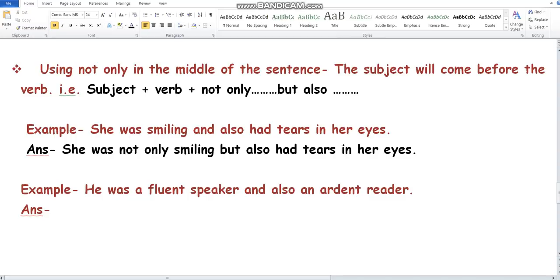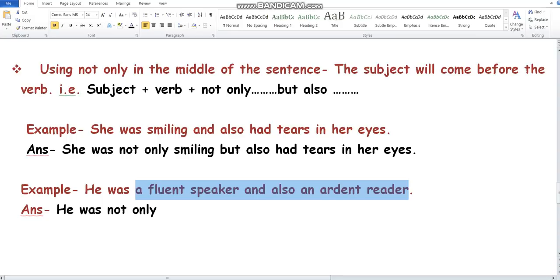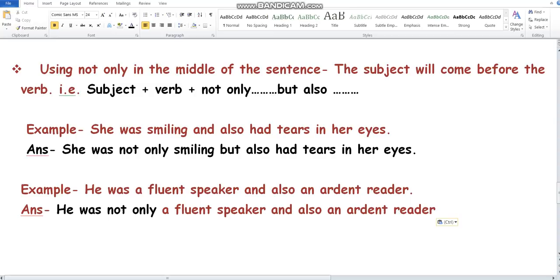Next, he was a fluent speaker and also an ardent reader. The answer will be, he was not only a fluent speaker but also an ardent reader.